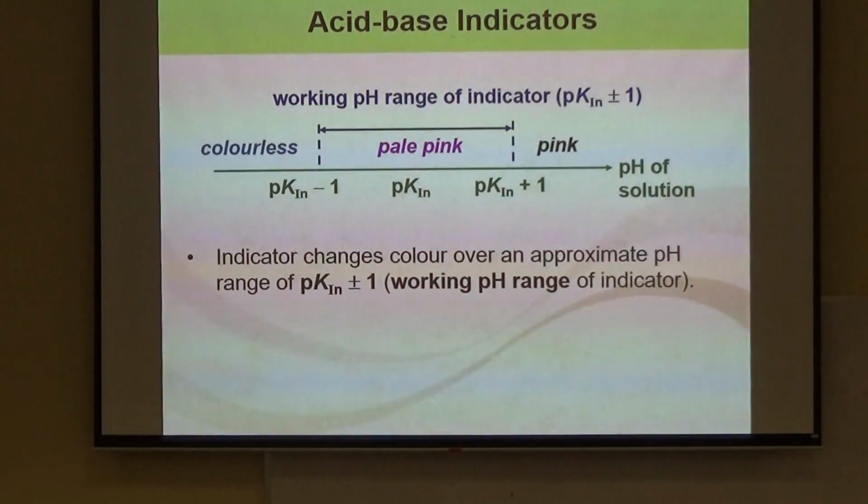Universal indicator is actually a mixture of many indicators, and they will change color. And you can't use universal indicator in a titration because it will keep changing color. Then you don't know what color to stop at. If you want to use a universal indicator, then you might as well use a pH meter. Then you can actually track when the change is large.